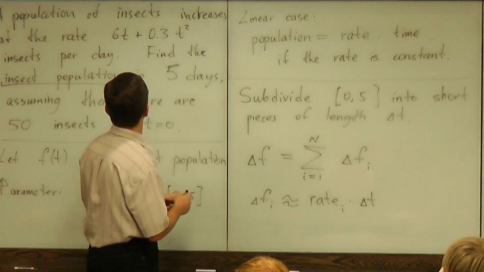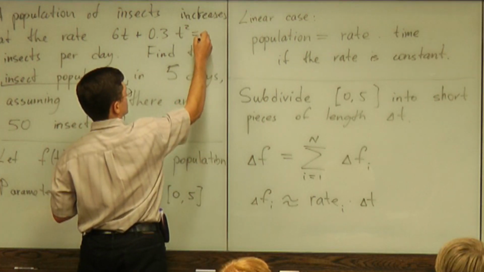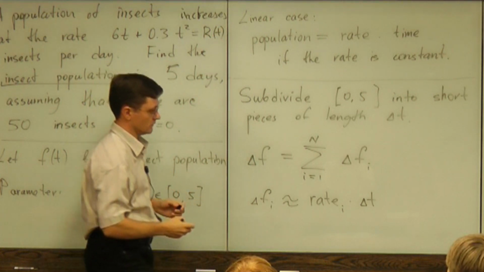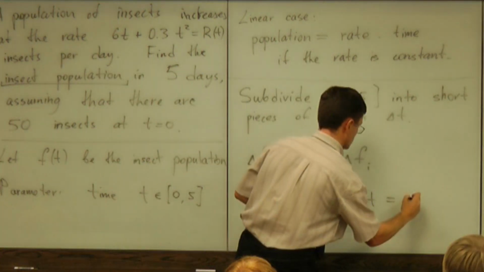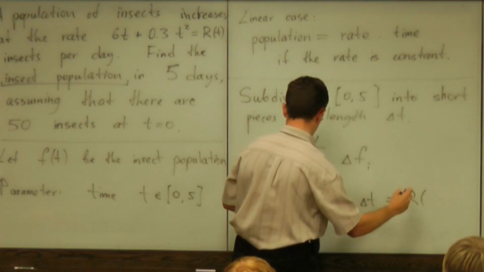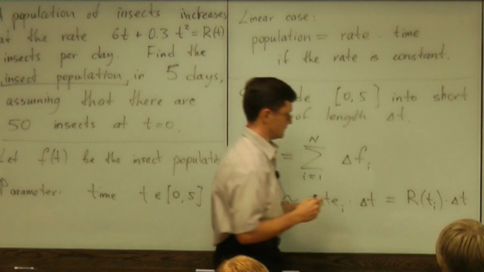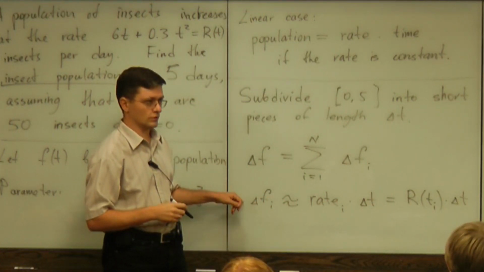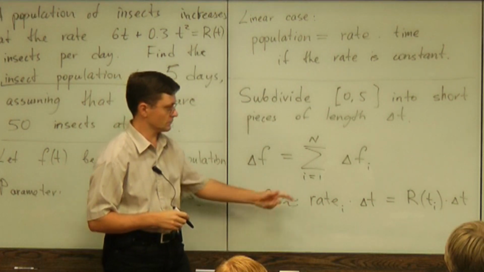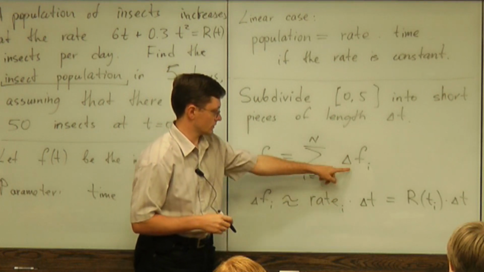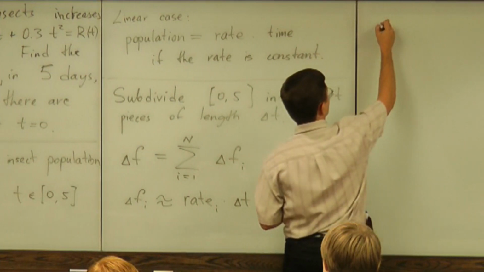And now the rate is given, so let me denote it by something like r of t. So that is going to be r of some t_i times delta t. So I approximated the incremental change, and now I use this approximation in the summation.